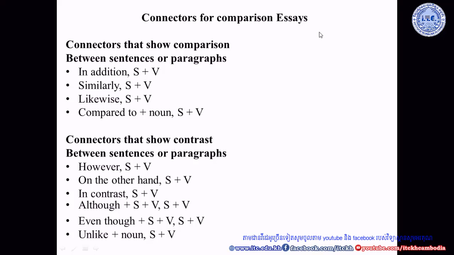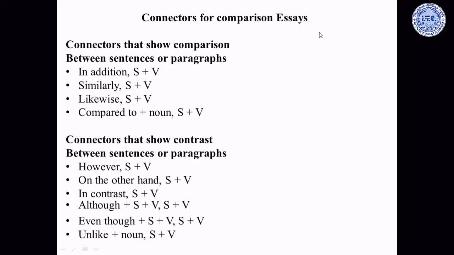For connectors that show contrast between sentences or paragraphs: however, comma, subject plus verb; on the other hand, comma, subject plus verb; in contrast, comma, subject plus verb; although plus subject plus verb, comma, subject plus verb; even though plus subject plus verb, comma, subject plus verb; unlike plus noun, comma, subject plus verb.